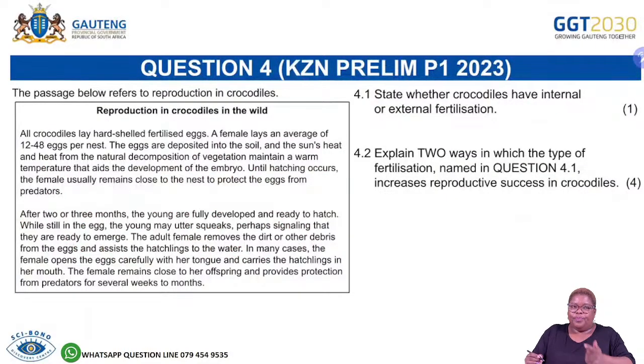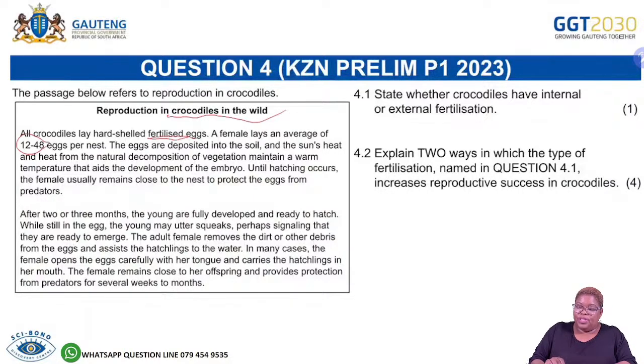Right? KZN Prelim, paper 1 of 2023. This is the same scenario, reproduction in vertebrates. Right, let's read the following passage. Reproduction in crocodiles in the wild. All crocodiles lay hard-shelled fertilized eggs, right? A female lays an average of 12 to 14 eggs per nest.